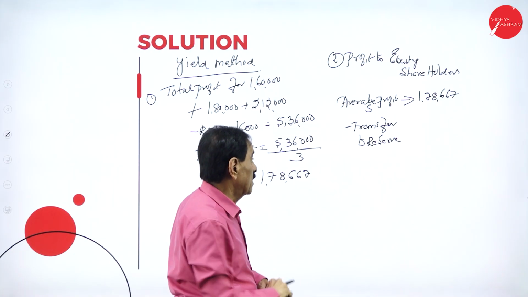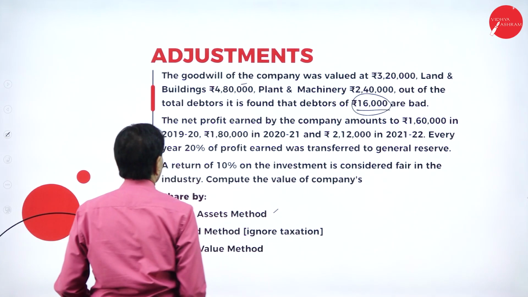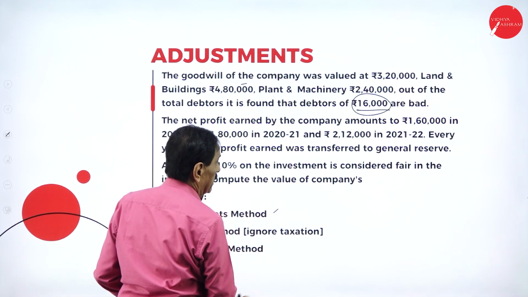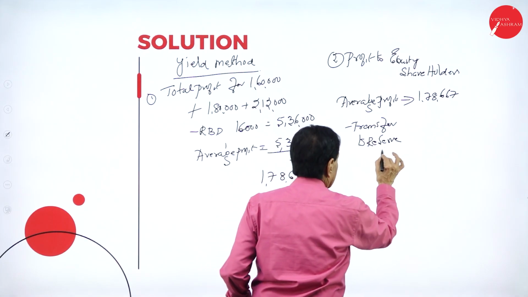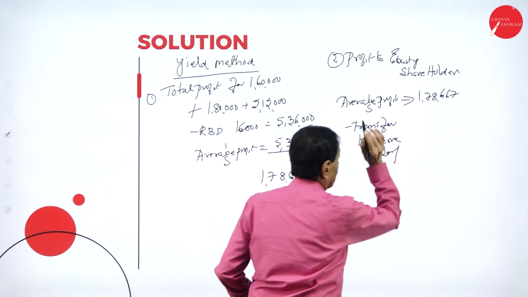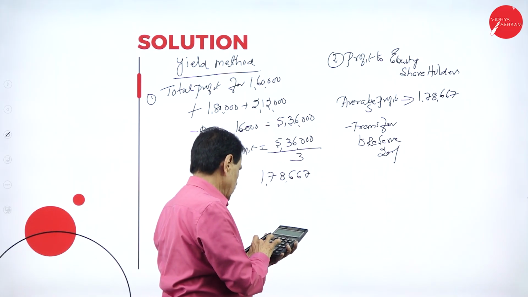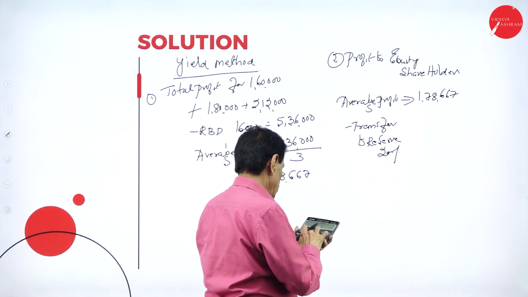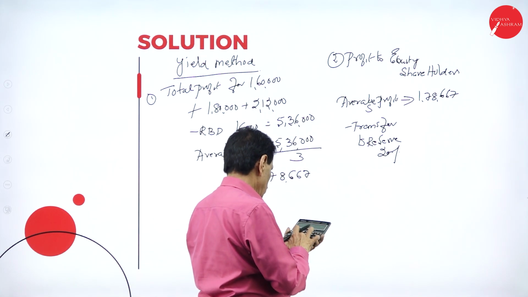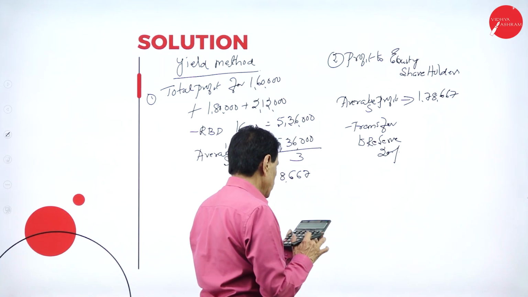Out of that amount, some amount will be transferred to reserve. What's the percentage? Transfer to reserve is 20%. 1,78,667 into 20 divided by 100 is 35,733.